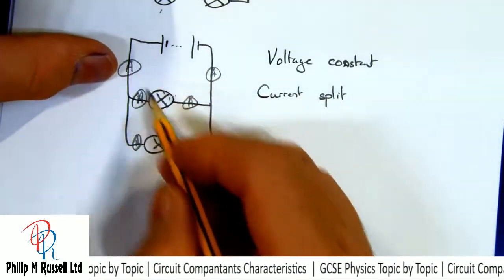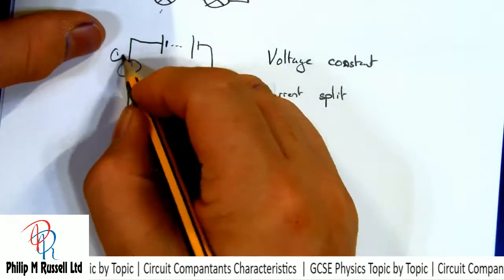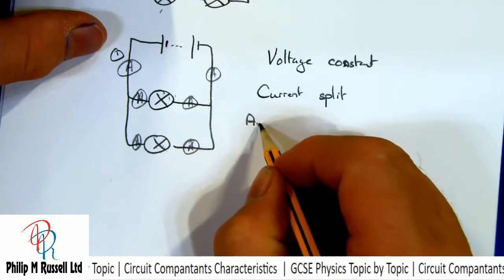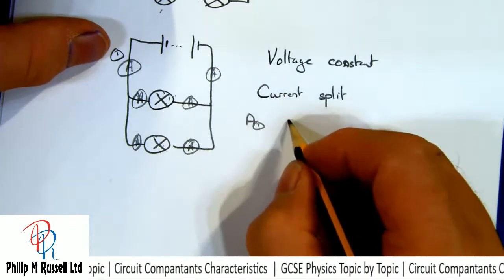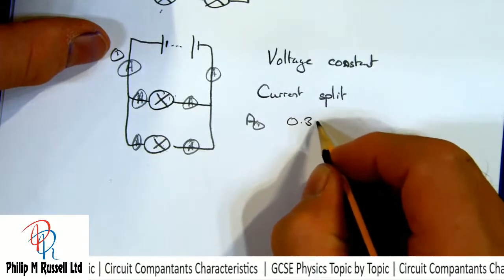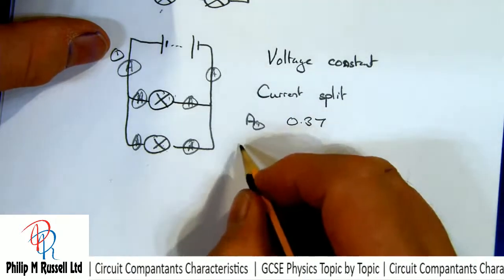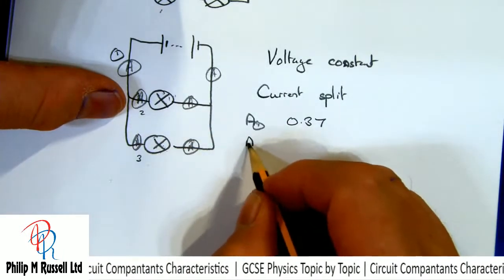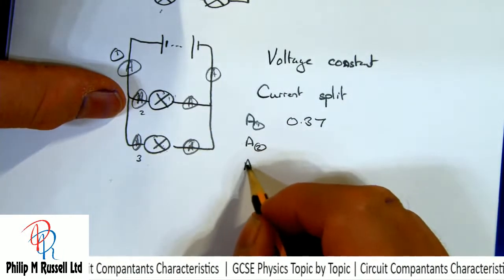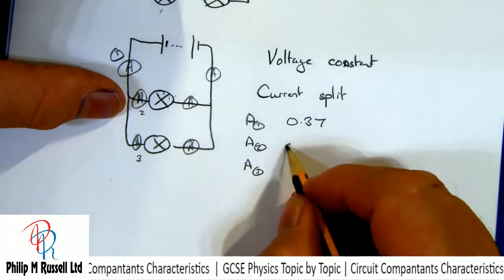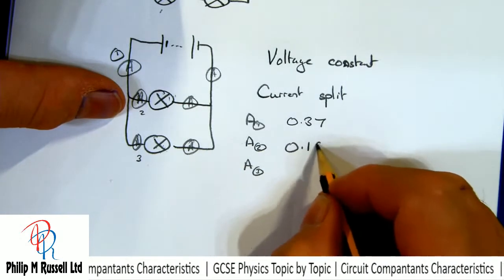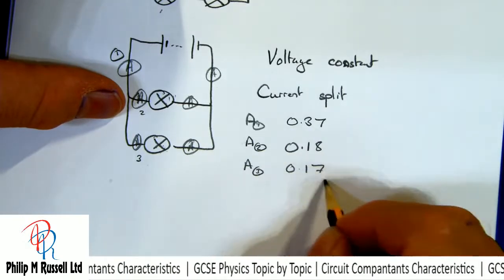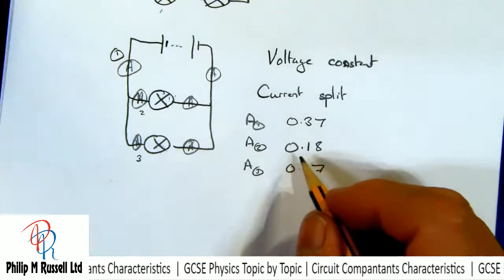We had, in fact, up here, if I call this number 1, the current here measured in amps was about 0.37, and when it split, and we'll call this position 2 and position 3, then about 0.18, 0.17, it was around about that sort of difference.